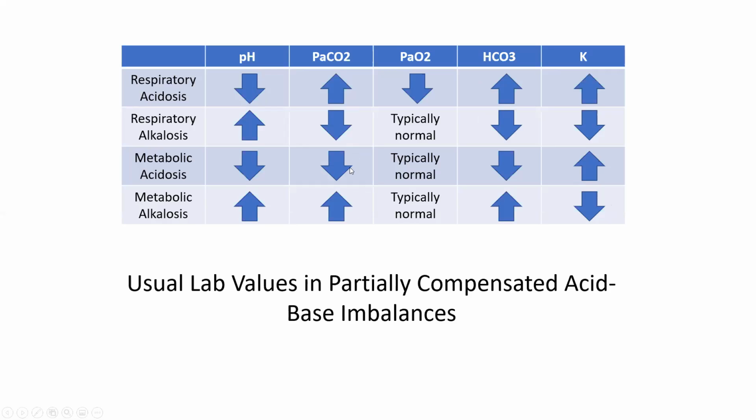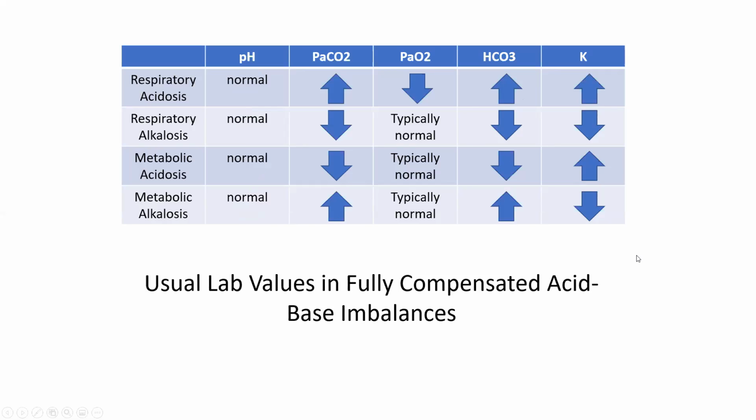Remember, they go in opposite directions when it's respiratory. Okay, but what you'll notice here is metabolic throws a little wrench in it. Again, you see this O2 or oxygen levels. Again, not our problem here. And then take a look at the bicarbs. Okay, the bicarbs are going to be off as well. Whereas with a fully compensated imbalance, like I told you before, the pH is now normal, but you still see some abnormalities between the carbon dioxide and the bicarb.